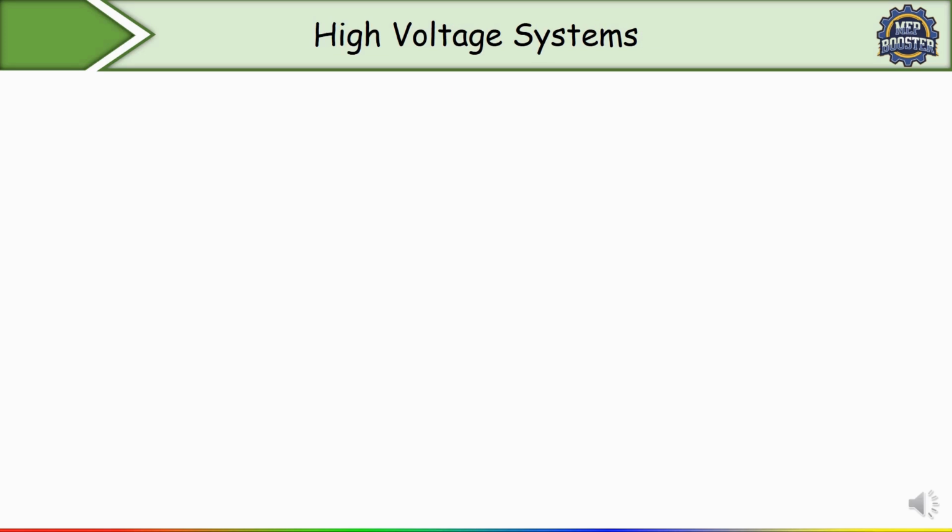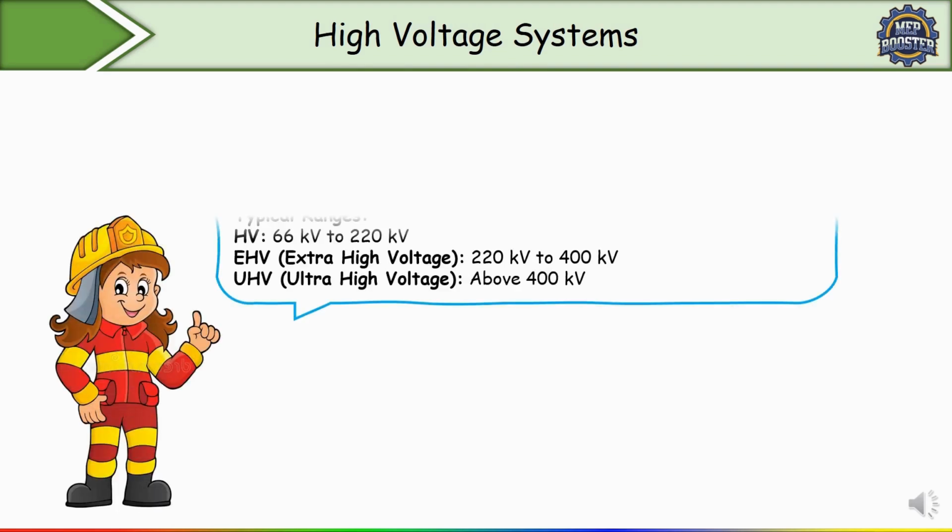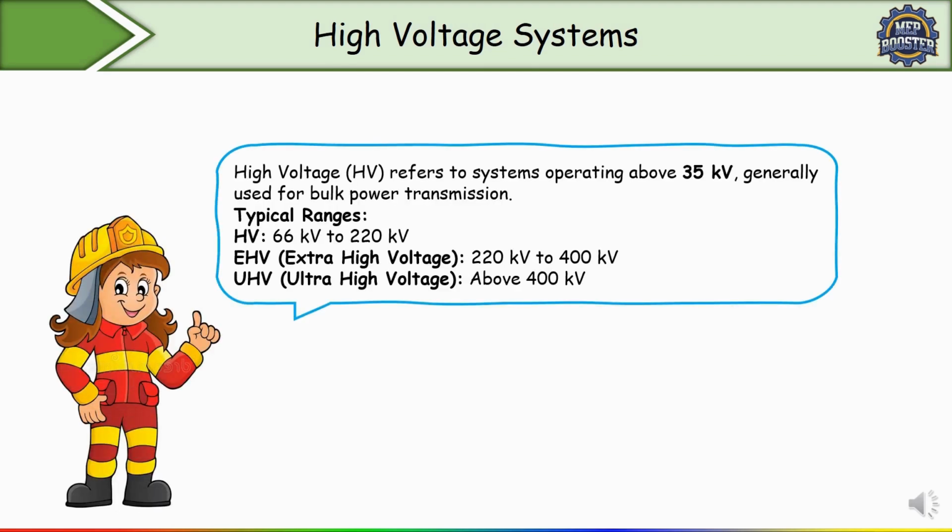Now we'll move to the next, the high voltage system. So what is a high voltage system? A high voltage system refers to electrical systems that operate at voltage above 35 kilovolt, meaning about 35,000 volts. These are mainly used for bulk power transmission, meaning moving large amounts of electricity over long distances from power plants to substations.